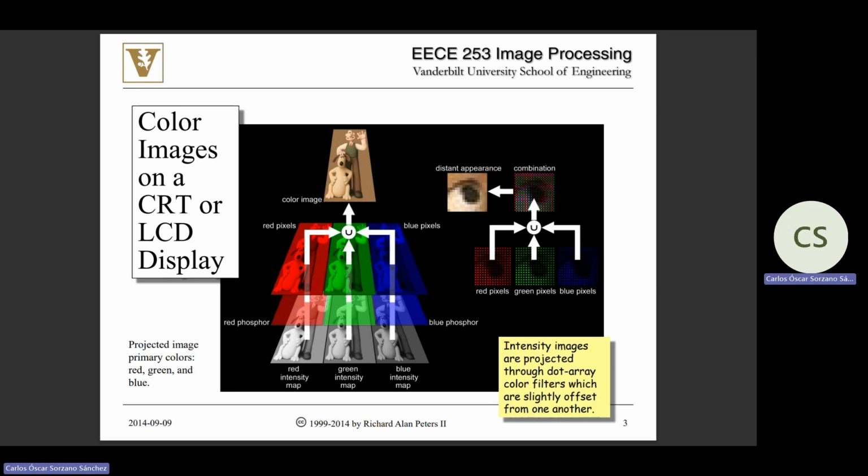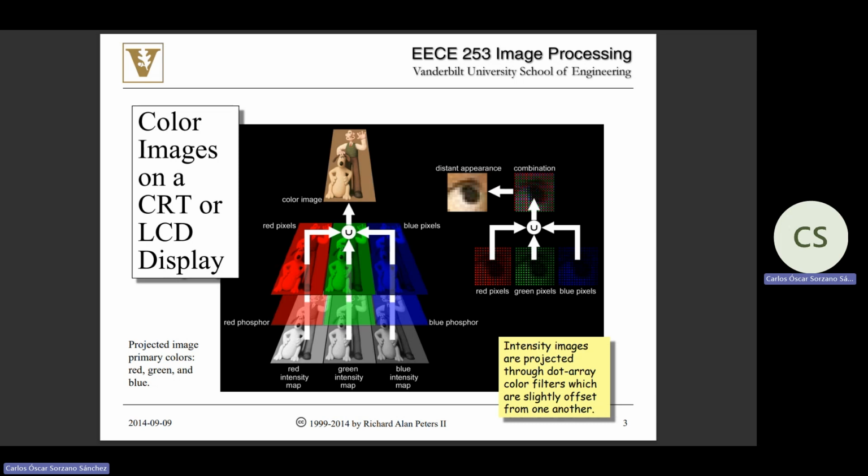These are pure red LEDs that can only emit in the red spectrum, or completely green or completely blue. These three arrays are intermixed. Physically, you have one red point and then one green point, as you see here. The channel information is transformed into how much intensity you want from each one of the locations.